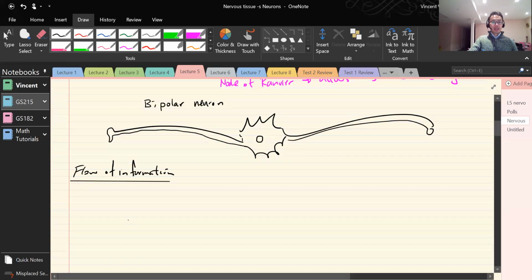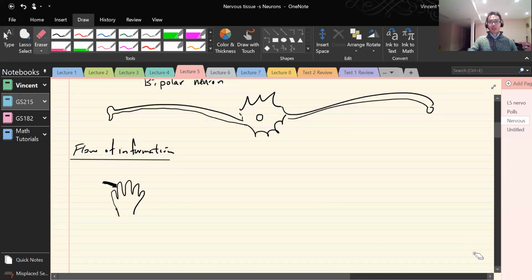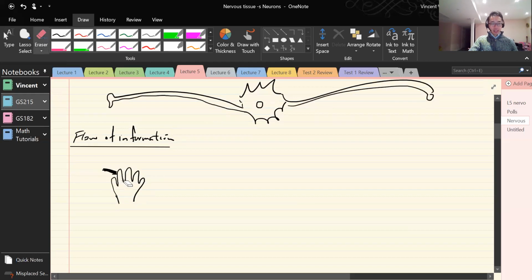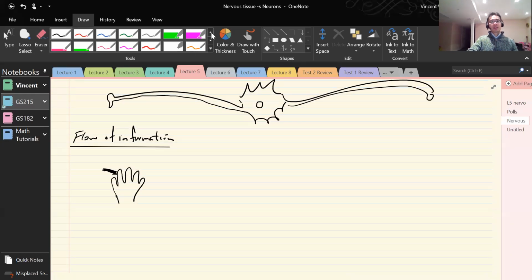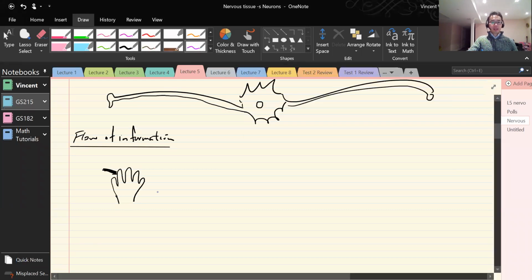Okay, so this is your hand, and let's say there's something sharp that pokes you, a sharp pin or something. What happens is you are going to have a receptor in your skin, in your epidermis. The receptor looks something like this.